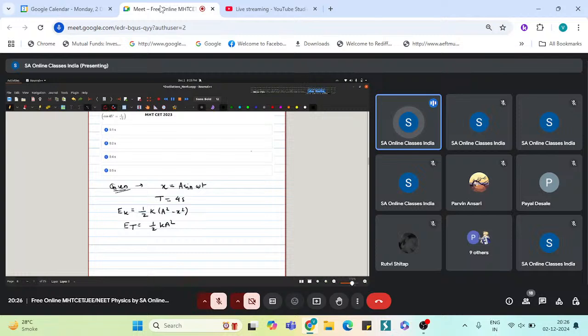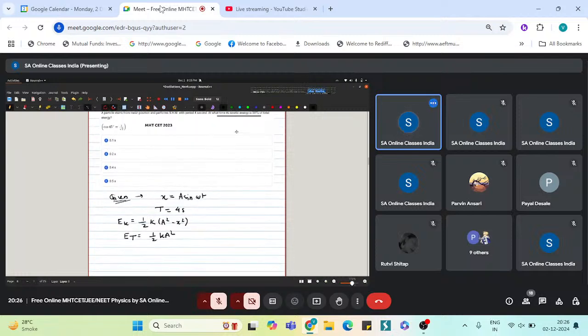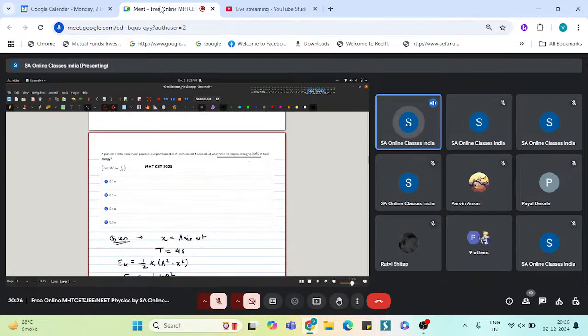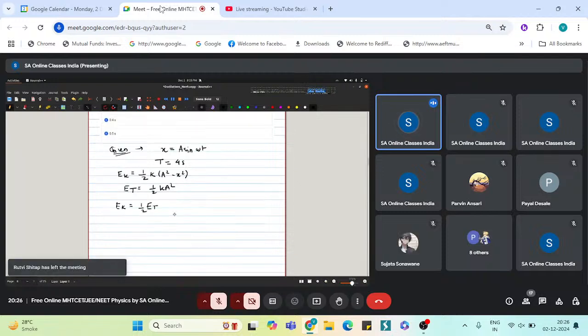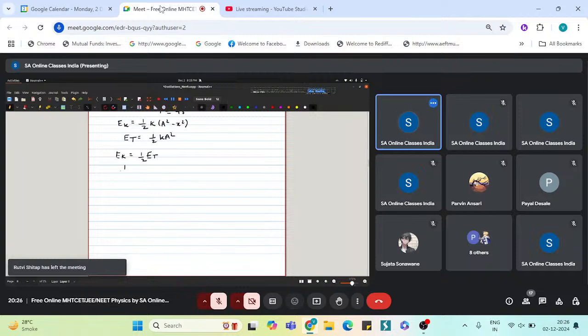So what they have asked basically in the question is that the kinetic energy is 50% of total energy. So we'll just write E_K is 50% of E_T, which means half k (a square minus x square) is equal to 1 by 2 of half k a square.